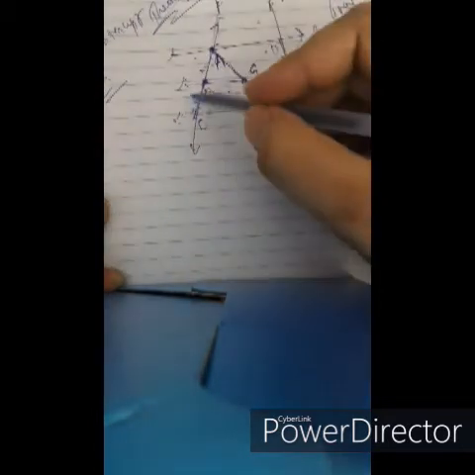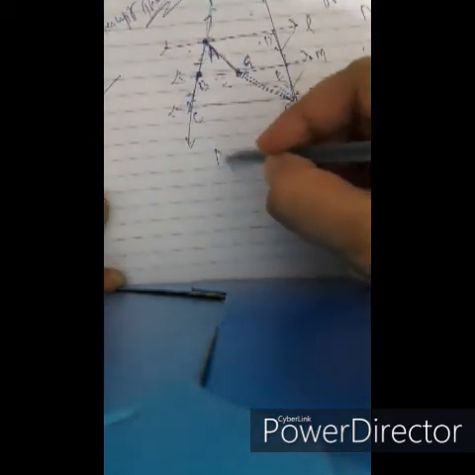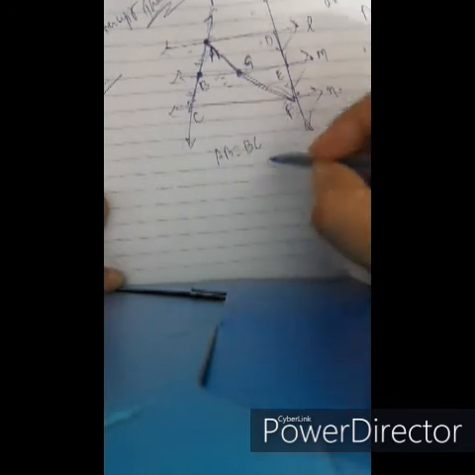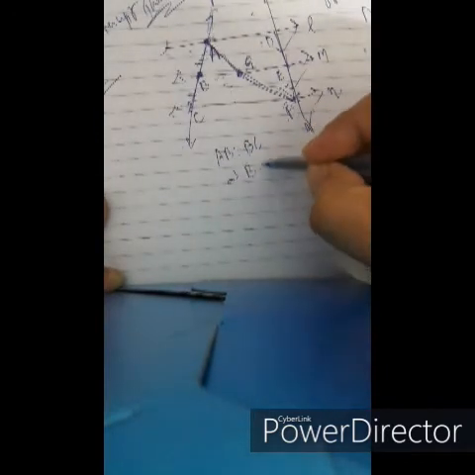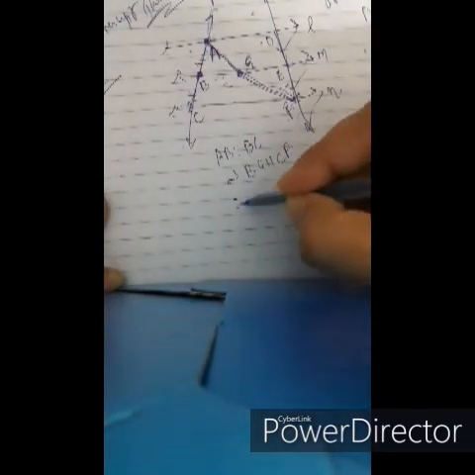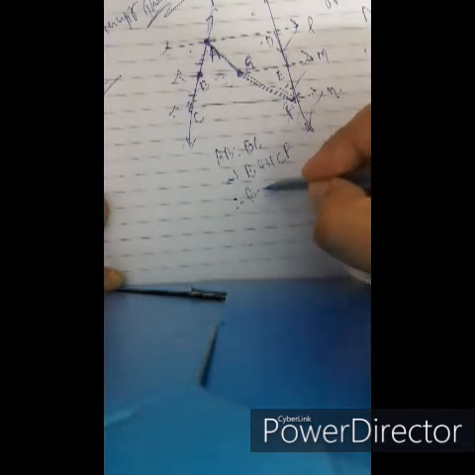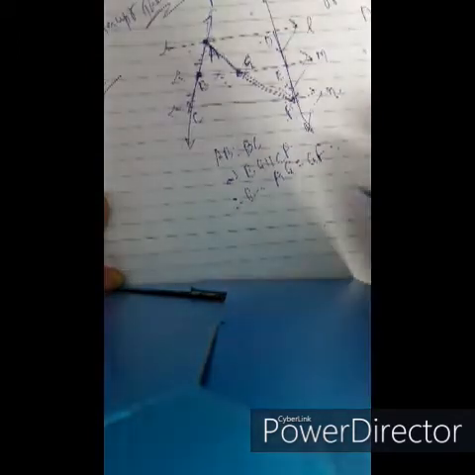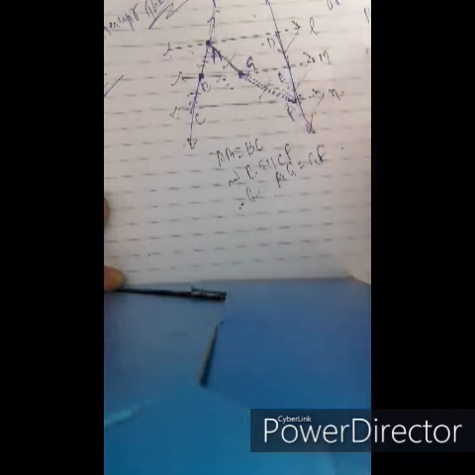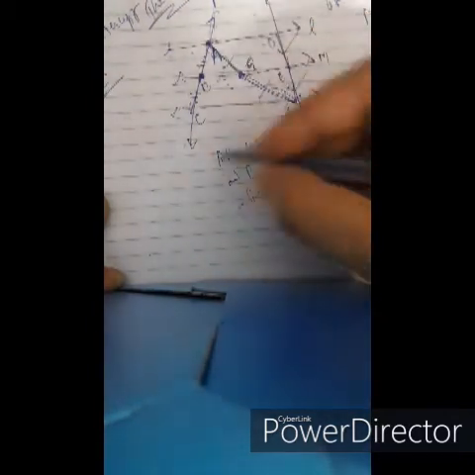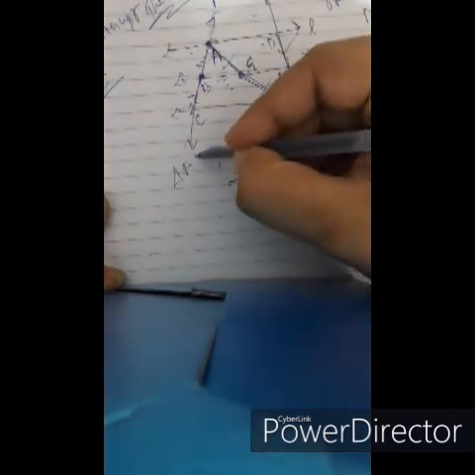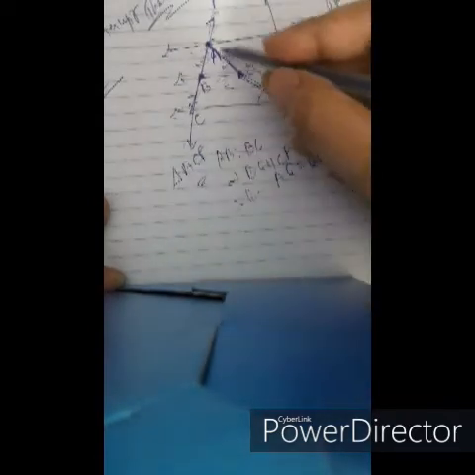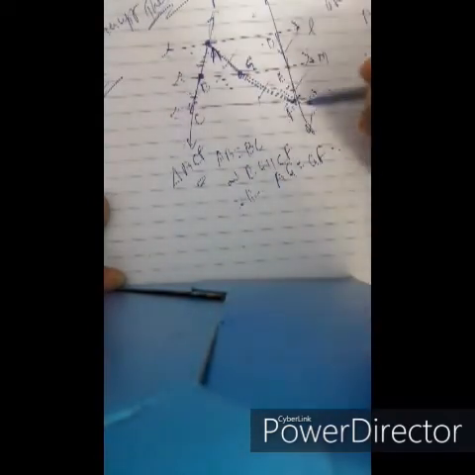So since AB equals BC and BG is parallel to CF, by the converse of the midpoint theorem we get AG equals GF. This was the case of triangle ACF. Now taking the second triangle, we have proved that AG equals GF.